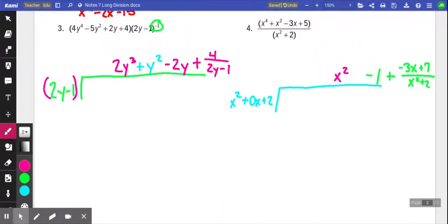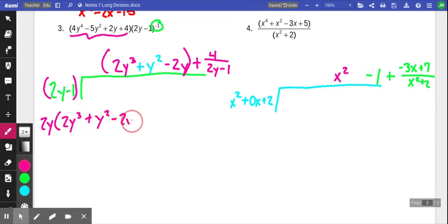Let's check on these. All right, so if I multiply 2y minus 1 and multiply that by this trinomial, I should get something pretty close to this original polynomial 4 terms, except I'm going to be 4 away if my calculations were correct. So first I'm going to take 2y and multiply that by 2y to the third plus y squared minus 2y.